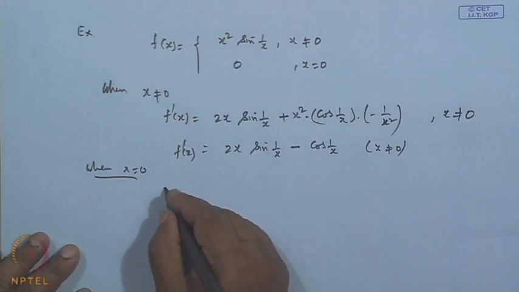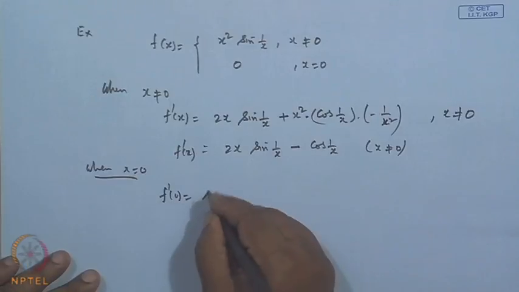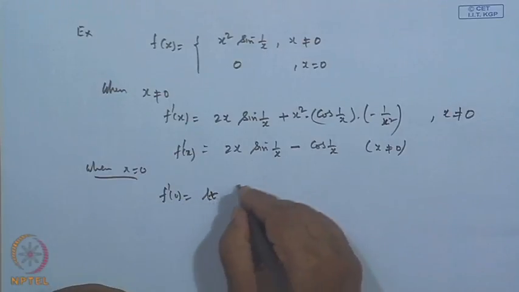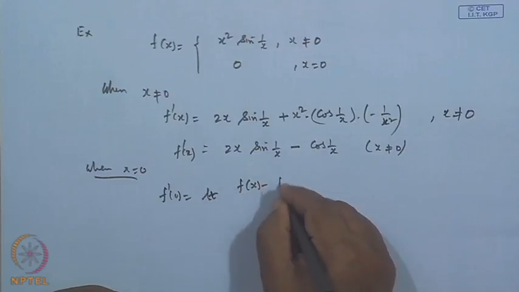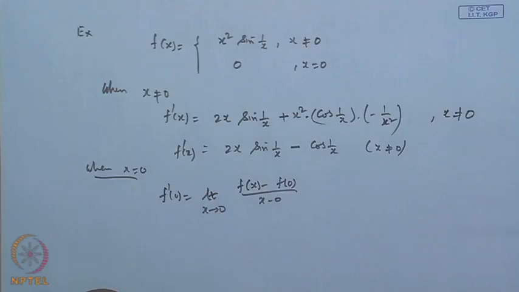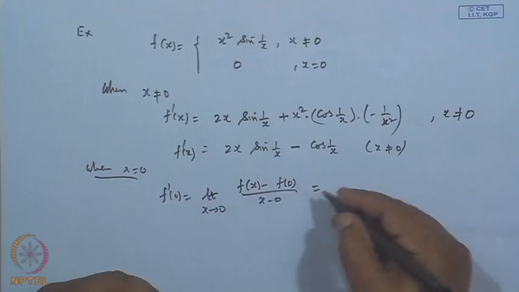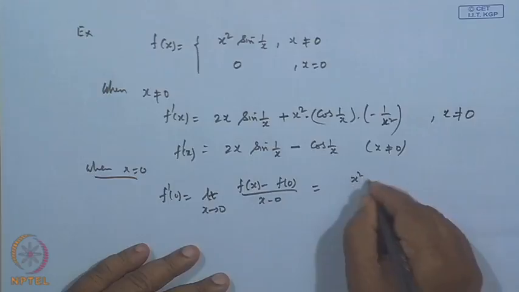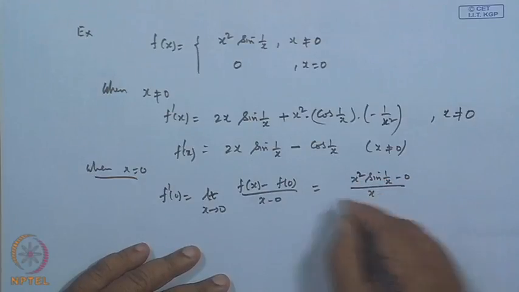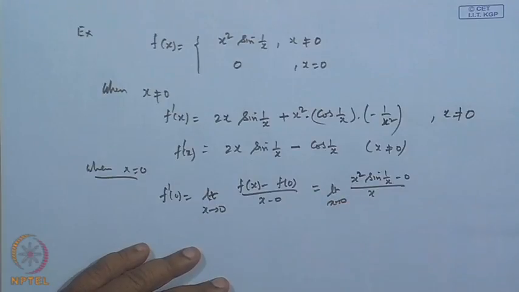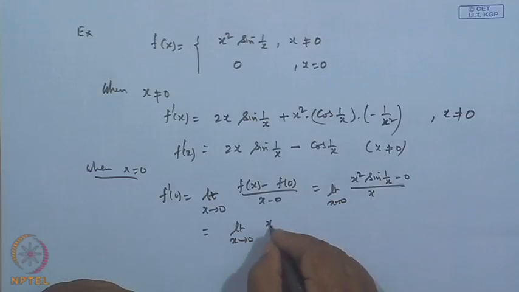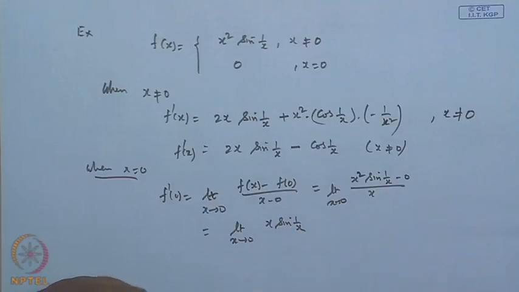So we find the derivative of this function at 0 by using the definition, that is, limit of f x minus f 0 over x minus 0 as x tends to 0. And that comes out to be what? f x is x square sin 1 by x minus 0 divided by x when x tends to 0. So that is basically the limit as x tends to 0 of x sin 1 by x.